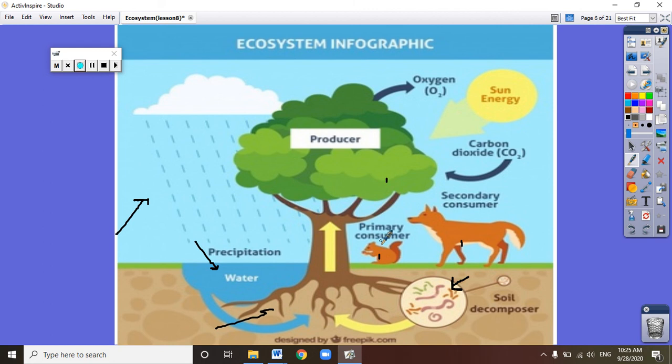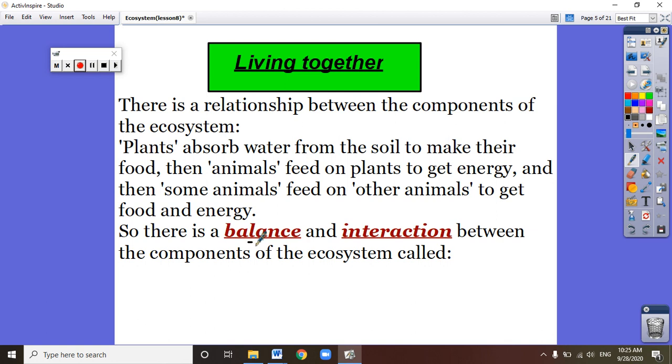So there must be a balance, fixed numbers of every component of the ecosystem. So between the components of the ecosystem, there is balance and interaction. What is the meaning of interaction? Relations, as we said. So we took the definition of the ecosystem and the types of the ecosystem, and we also know that between the components of the ecosystem there is interaction and balance.